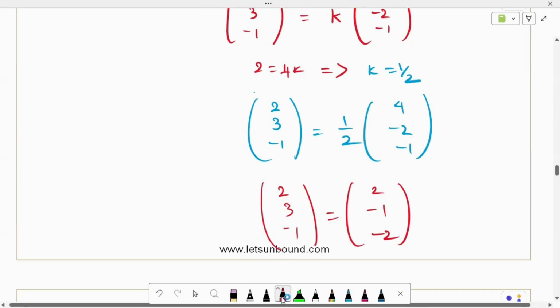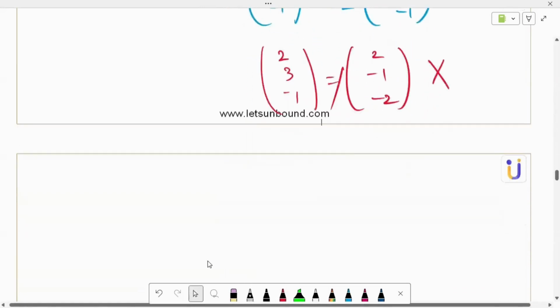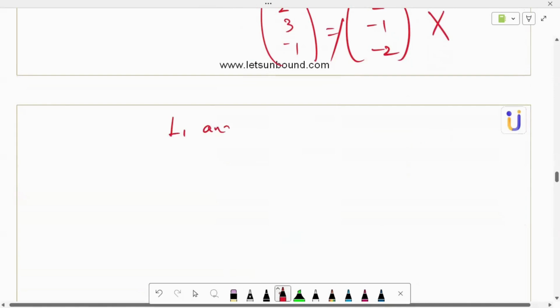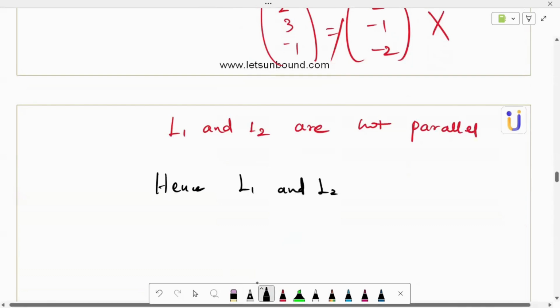No. So we got an absurdity and it is not equal. So L1 and L2 are not parallel. They don't intersect, they are not parallel. Hence, L1 and L2 are skew.